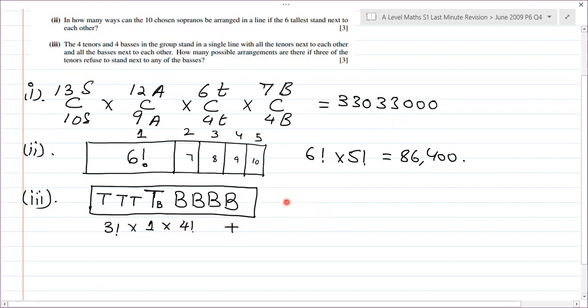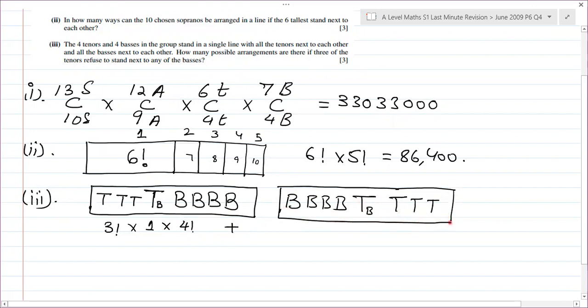Or we can have the 4 B's first, followed by this T who is okay to stand with the B's, followed by the 3 T's who are refusing to stand with the B's. So 4 factorial for the B's, 1 for this T who doesn't have a choice, and 3 factorial for the 3 T's, who can shuffle themselves.